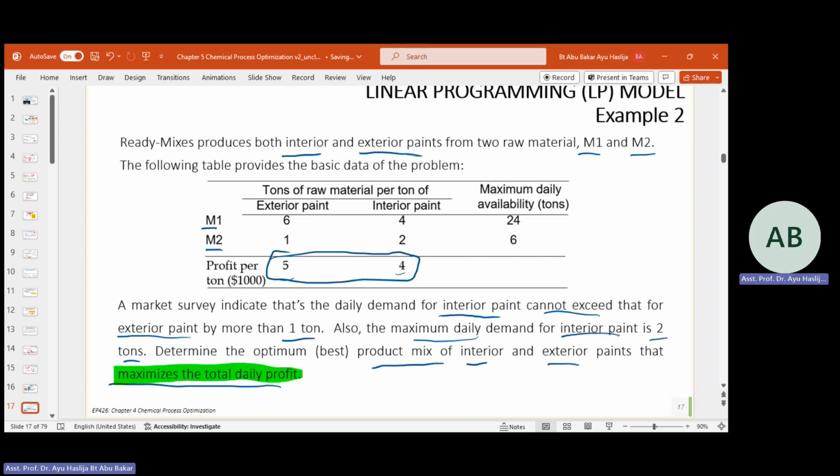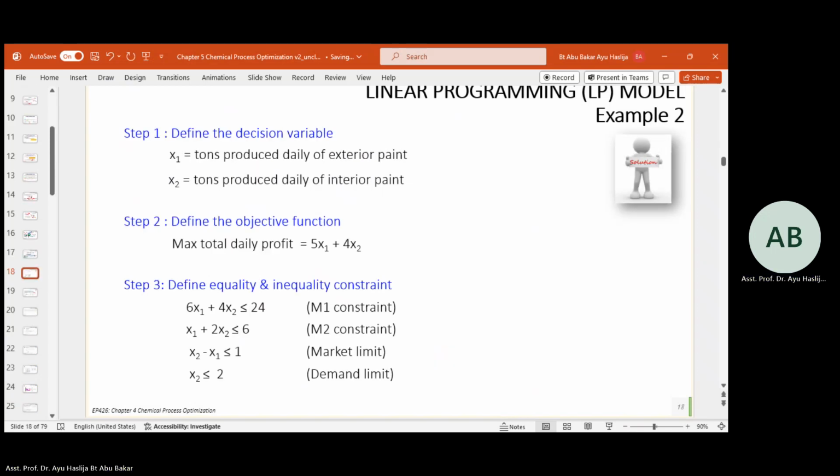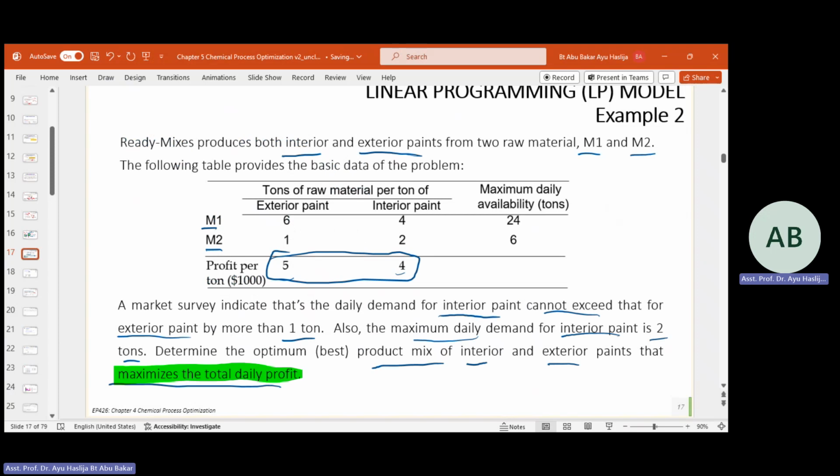We go step by step. Step 1: define the decision variables. X1 represents the exterior, X2 represents the interior. Wait, let me copy the table.